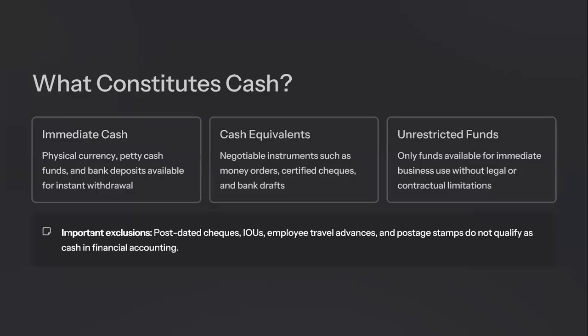Cash is considered to be the most liquid asset. There are forms of cash. Please just read the slide and we'll move further.